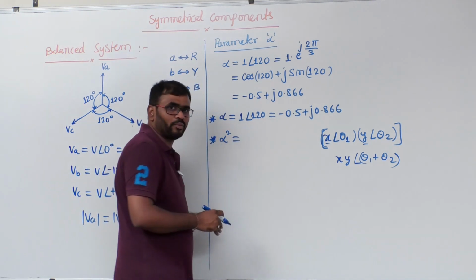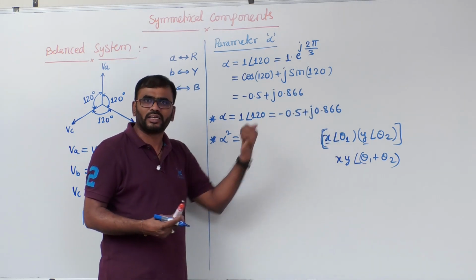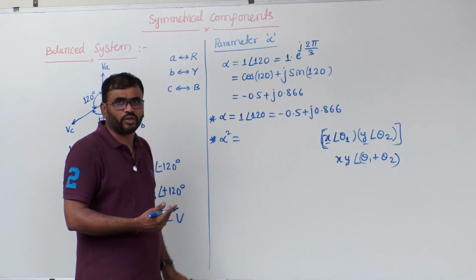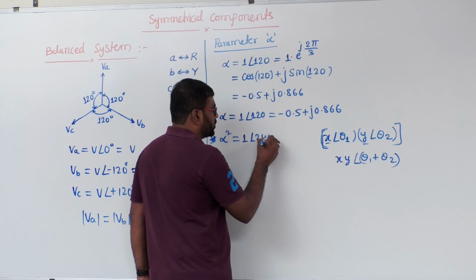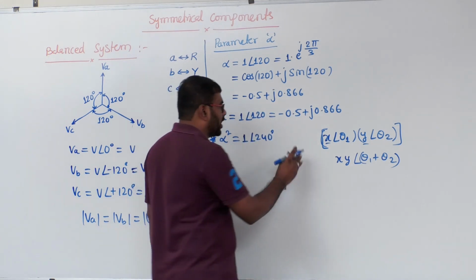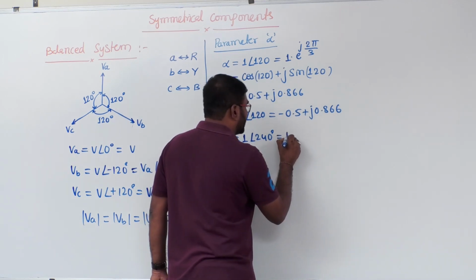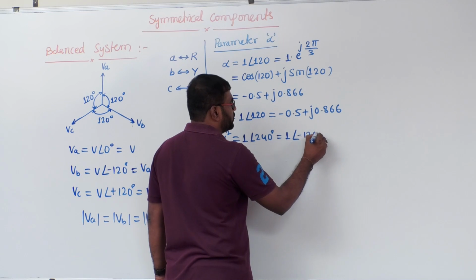So alpha square can be written as what? 1 at an angle 120 into 1 at an angle 120. 1 multiplied means 1 only. 120 degrees plus 120 degrees, 240 degrees. So 1 at an angle 240 degrees. Nothing wrong to write 1 at an angle minus 120 degrees. 1 at an angle 240 or 1 at an angle minus 120, both are same.